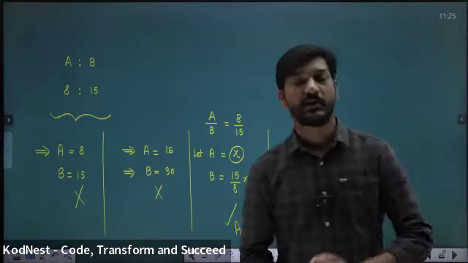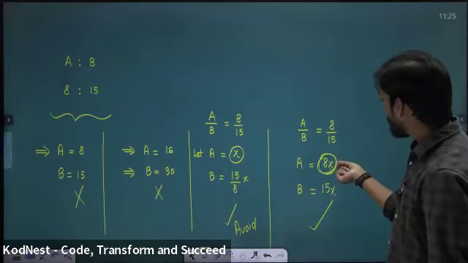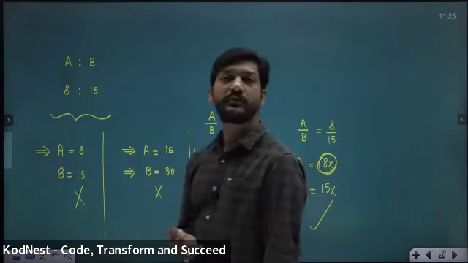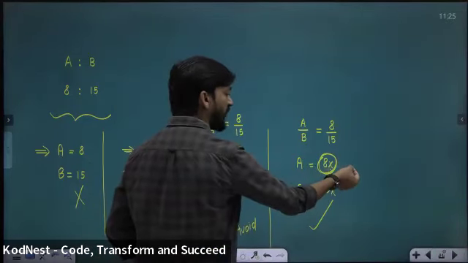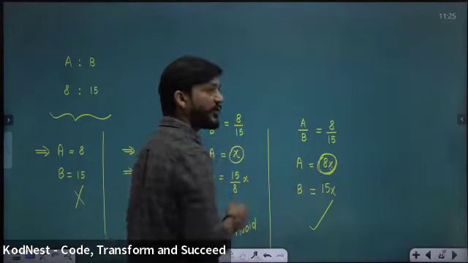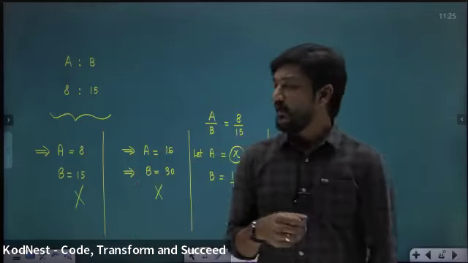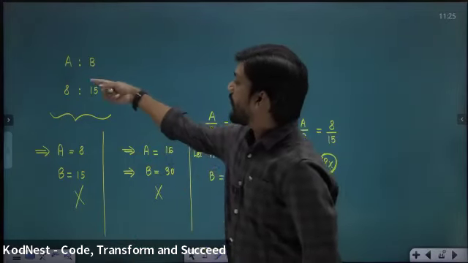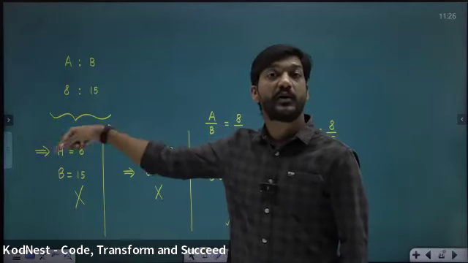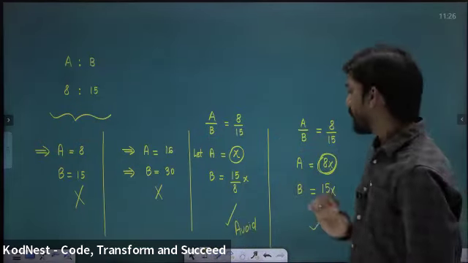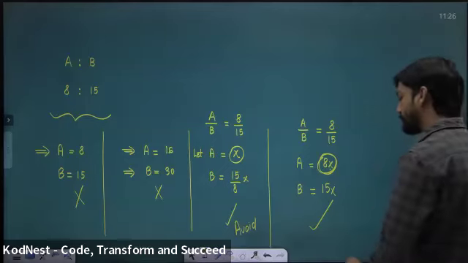It is not necessary because X value can come out to be 0.5 also. So 0.5, that means answer you will get as 4. 4 is not a multiple of 8. But yes, normal way of thinking is, okay, 8 into x, so multiple of 8, 15 into x, multiple of 15. But don't think this way.